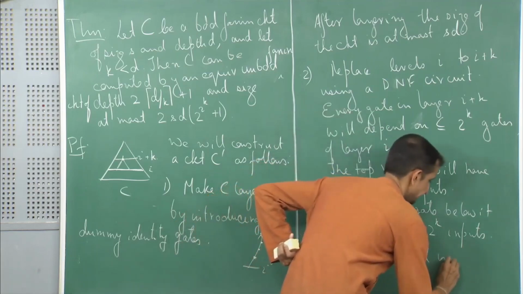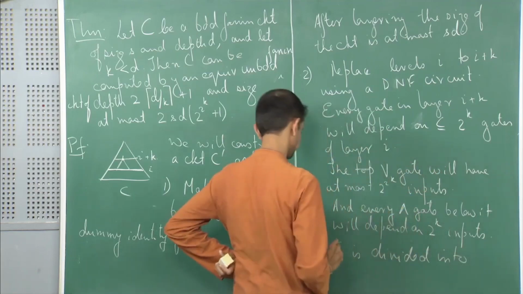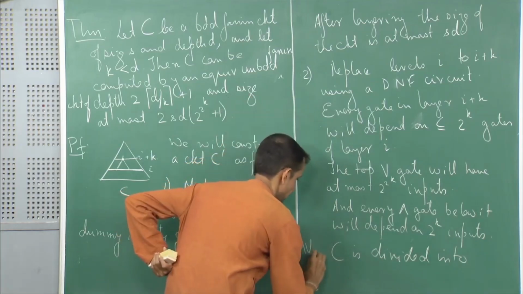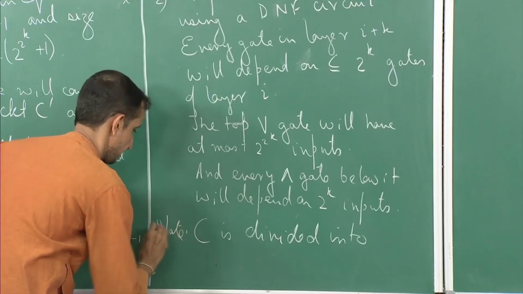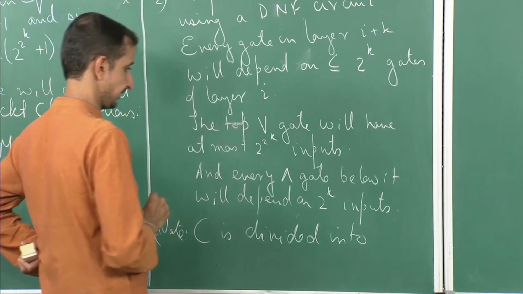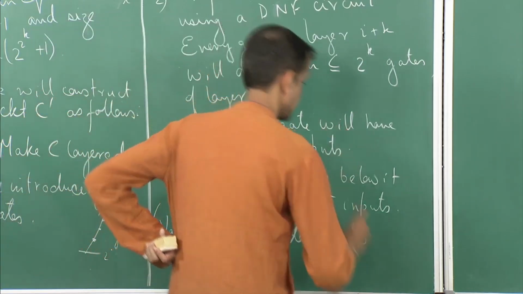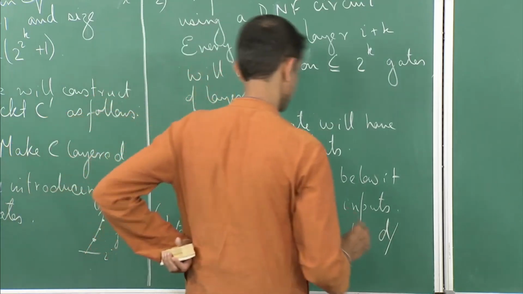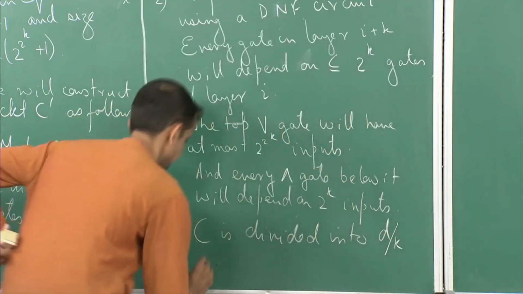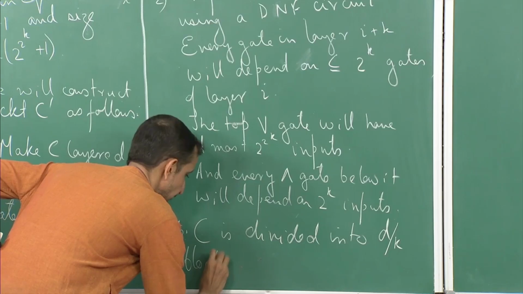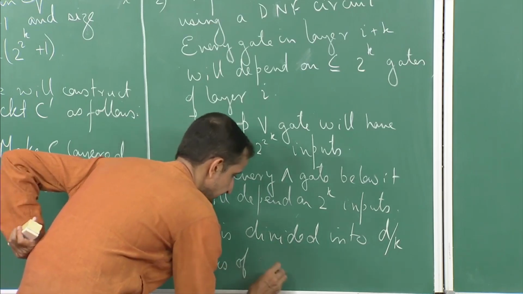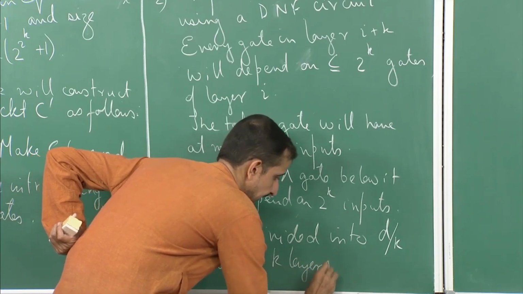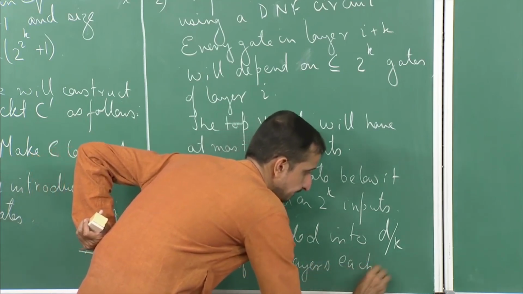C is divided into, this is not a tree exactly, let me write this as a note: C is divided into D by K blocks of K layers each.